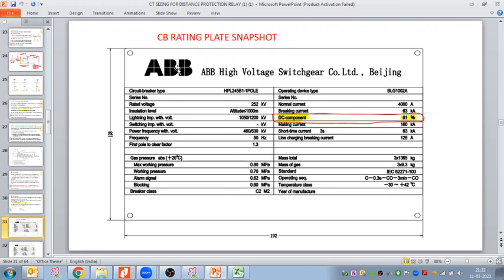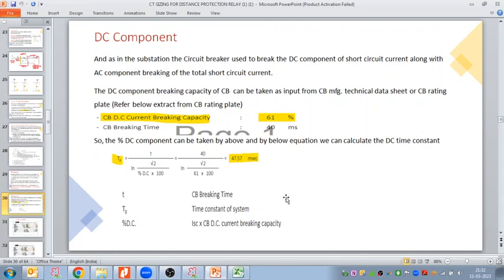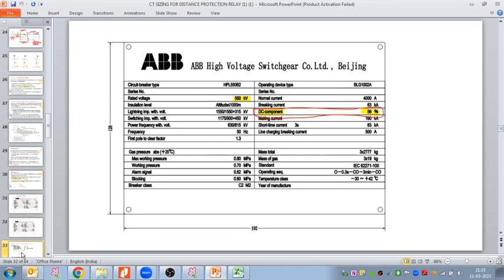This is the ABB 220 kV circuit breaker nameplate, where the DC component breaking capacity is 61 percent. When calculating this DC component you need to take the time and the DC breaking capacity, both from the circuit breaker rating plate or the circuit breaker GTP. We discussed that yesterday. This is for 220 kV, and this is for 500 kV.